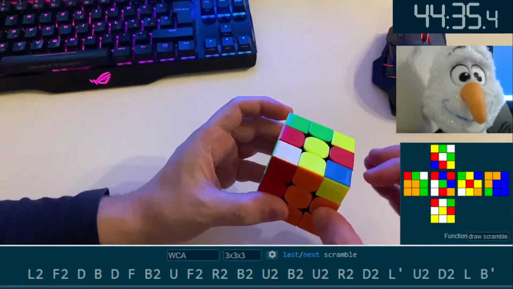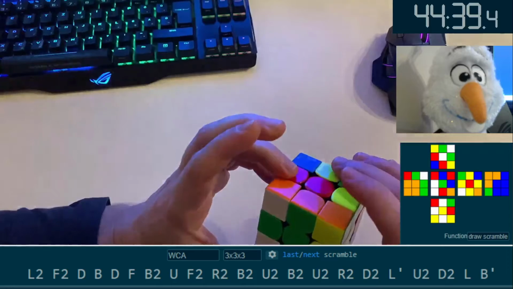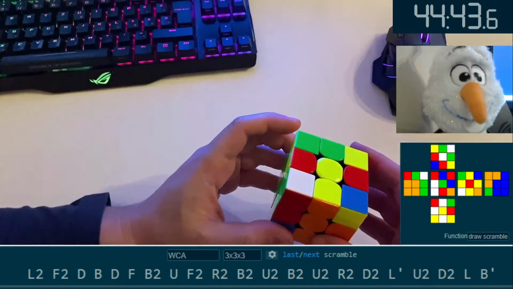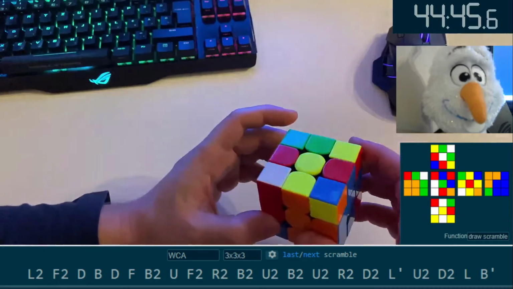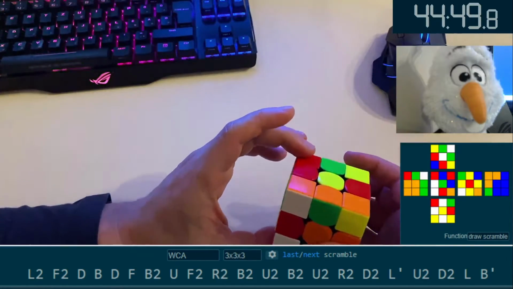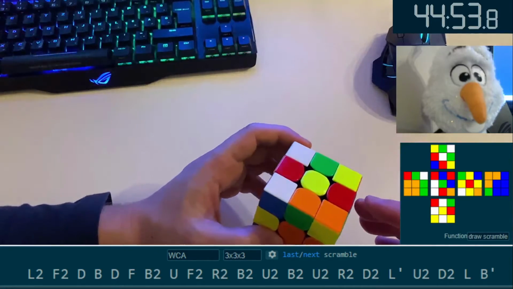We have this pair, which could be tricky, but from this angle it is pretty easy. So I would go something like this, and that sets up everything so nicely.